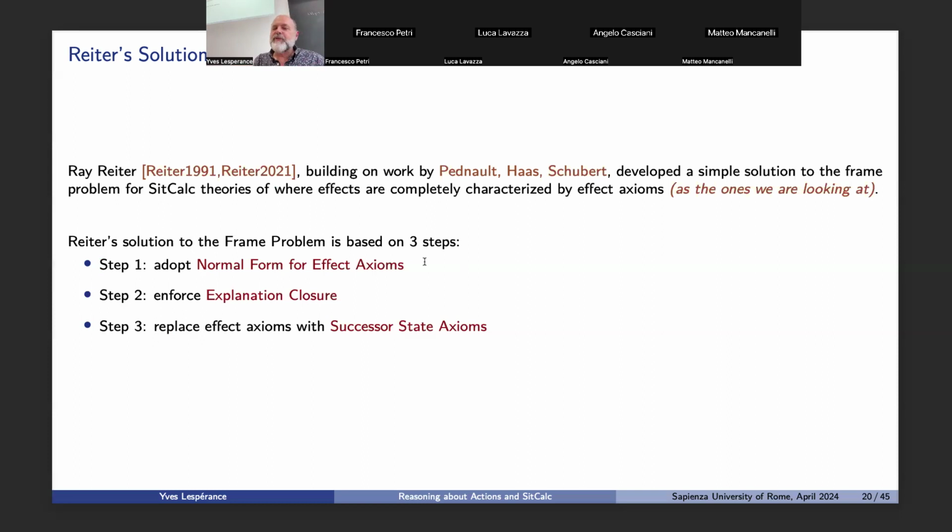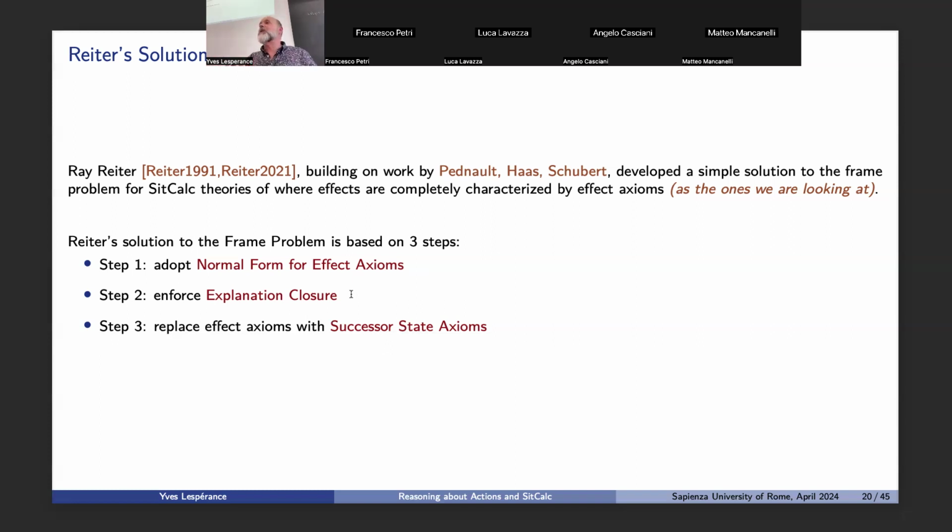The first thing is to take the effect axioms that you have and rewrite them into a kind of normal form. The second step is to make the assumption that the effects you have written down represent every situation where an action makes a fluent change value.